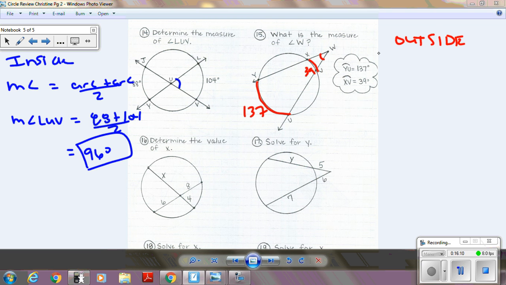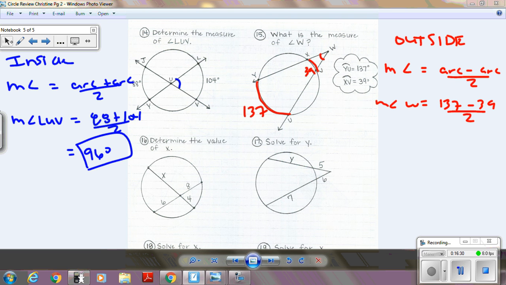So, since it's outside the circle, the measure of the angle is equal to big arc minus arc, divided by 2. So the measure of angle W is equal to 137 minus 39 divided by 2.